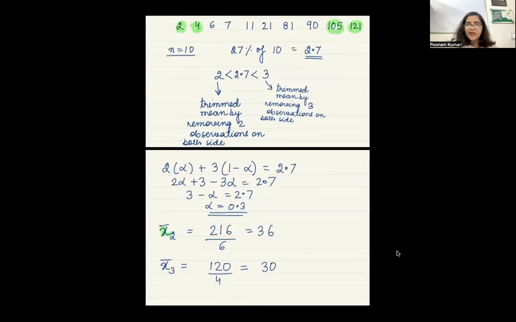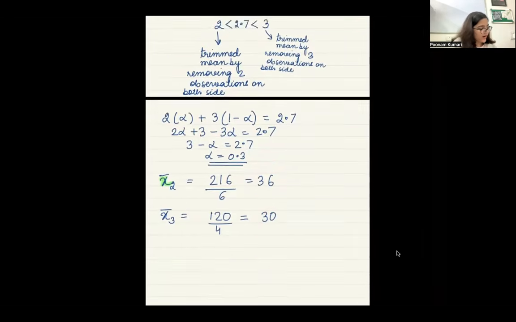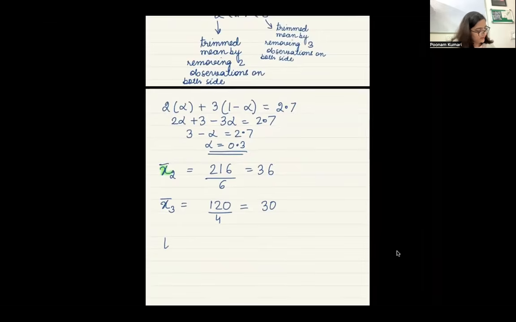Yes, ma'am. Okay. Now what do you have to do? You have to give a weight of 0.3 to this and 0.7 to this, right? So your trimmed mean, X bar 27%, what is that going to be? 36 should be given a weight of 0.3 and 30 should be given a weight of 0.7, right? And then you add them.